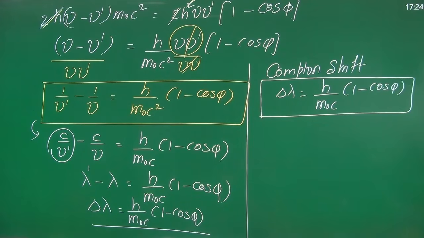Whenever you are trying to recollect, you will get a doubt whether it is 1 by nu prime or first 1 by nu. Now it is okay for one day, but after 6 months you are going to write the exam. You won't remember because many subjects and many formulas will come. That's why you have to use that rough paper, write again and again. 1 by nu prime minus 1 by nu equal to h by m naught c square into 1 minus cos phi, and delta lambda equal to h by m naught c into 1 minus cos phi.